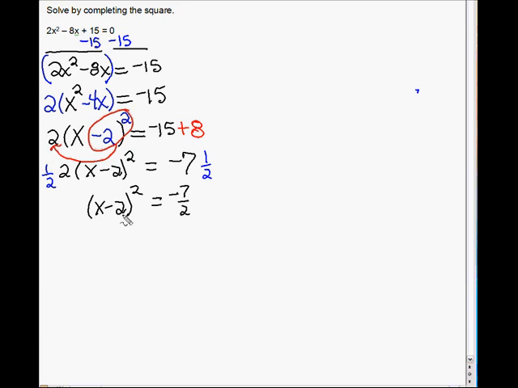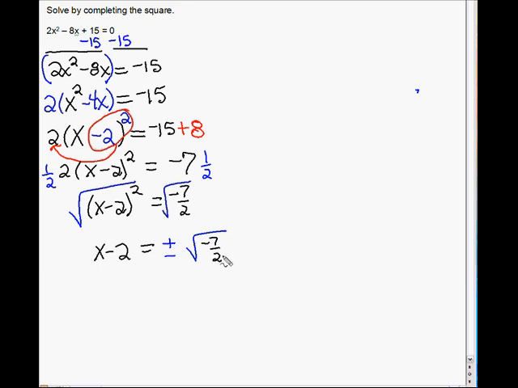In trying to solve for x, to get x alone, we have to get rid of the furthest thing, which is the exponent 2. In order to get rid of the exponent 2, we take the square root of both sides. When you take the square root, you need to write plus or minus in front of the radical. So we now have x minus 2 is equal to plus or minus the square root of negative 7 over 2.